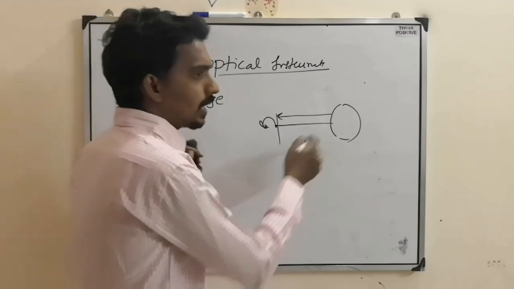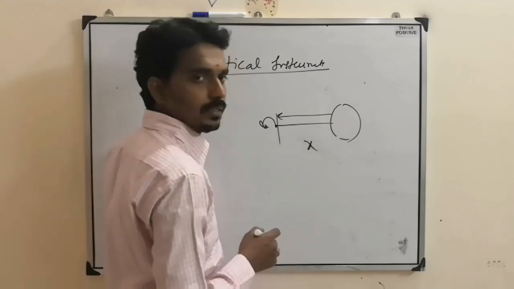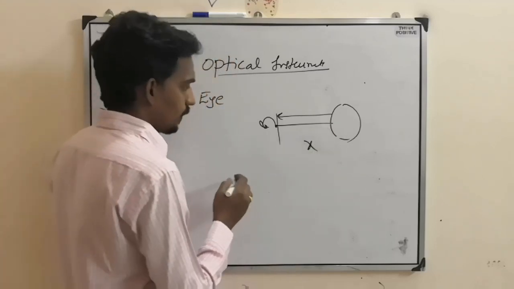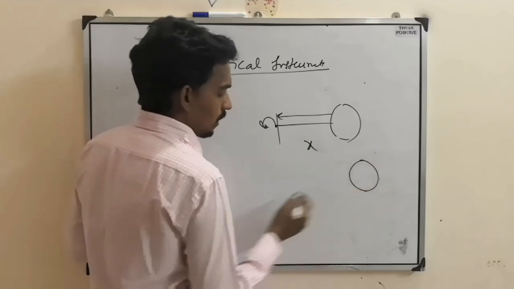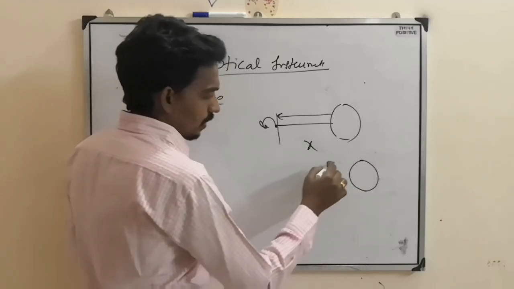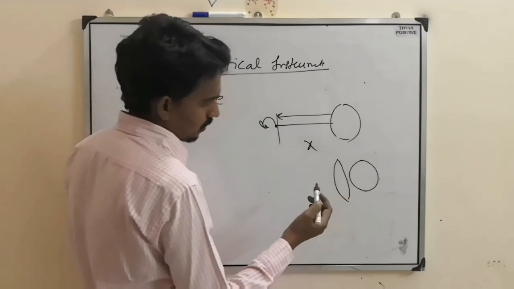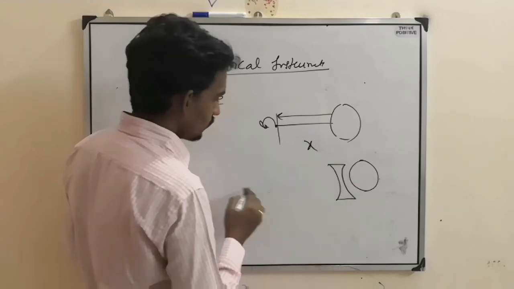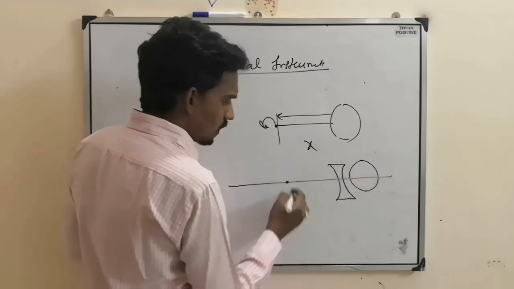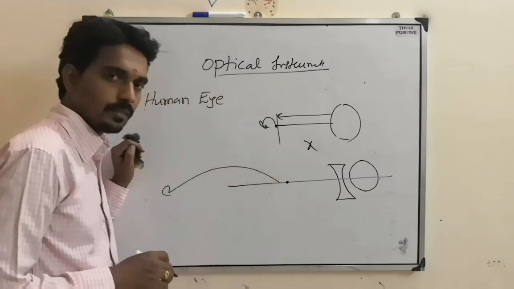Now what you will do is arrange one concave lens. Now up to this distance you can see, but all these objects beyond you cannot see.